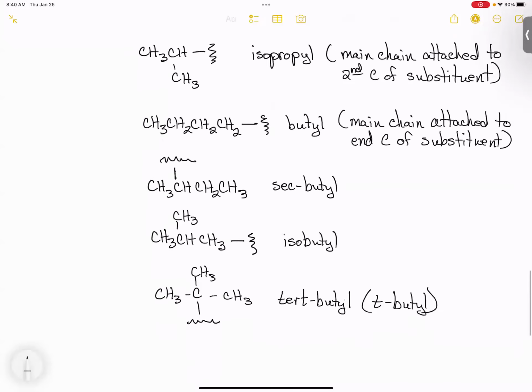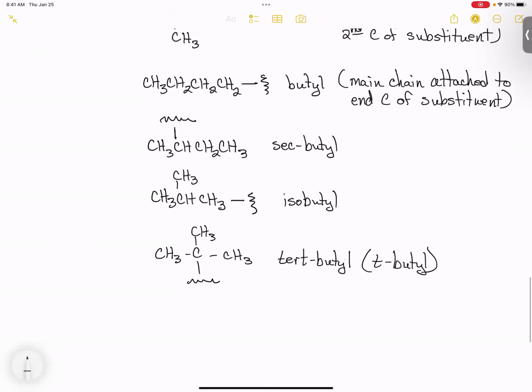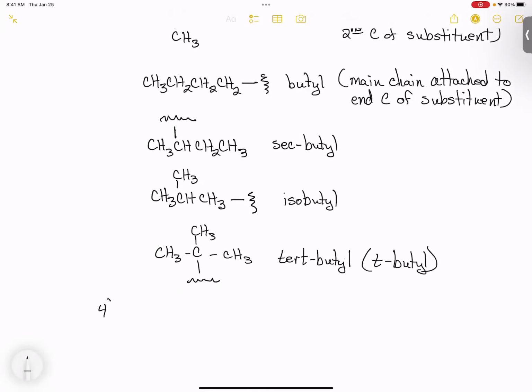Okay, once you've identified your substituents, step number 4 is to write the name as one word. And it combines the first 3 steps.